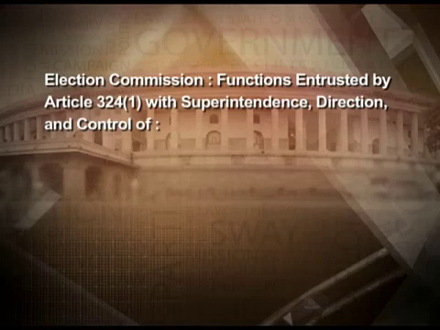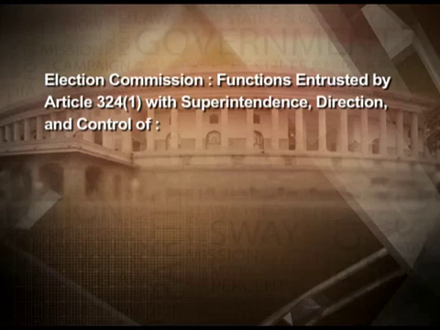So first let us study a bit about the Election Commission. The Election Commission, as I told you, is a constitutional body which is laid down in Article 324, Clause 1, and it is entrusted with what?